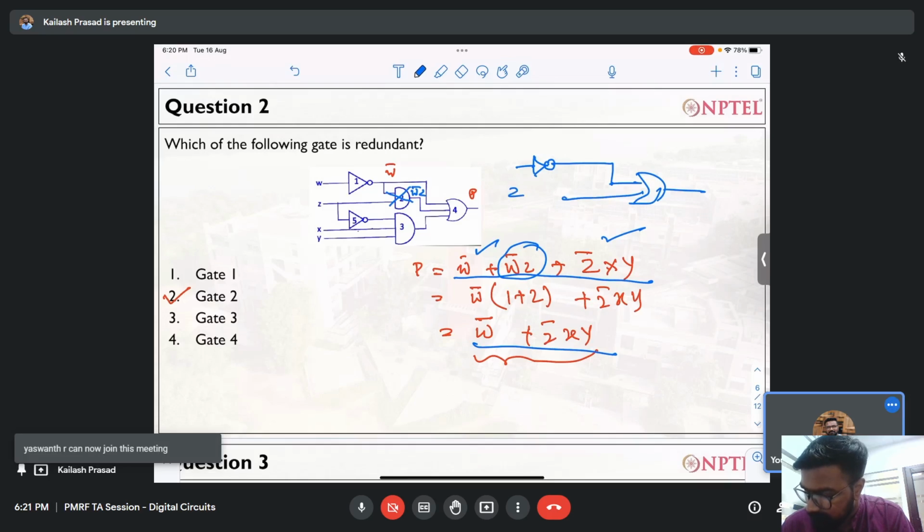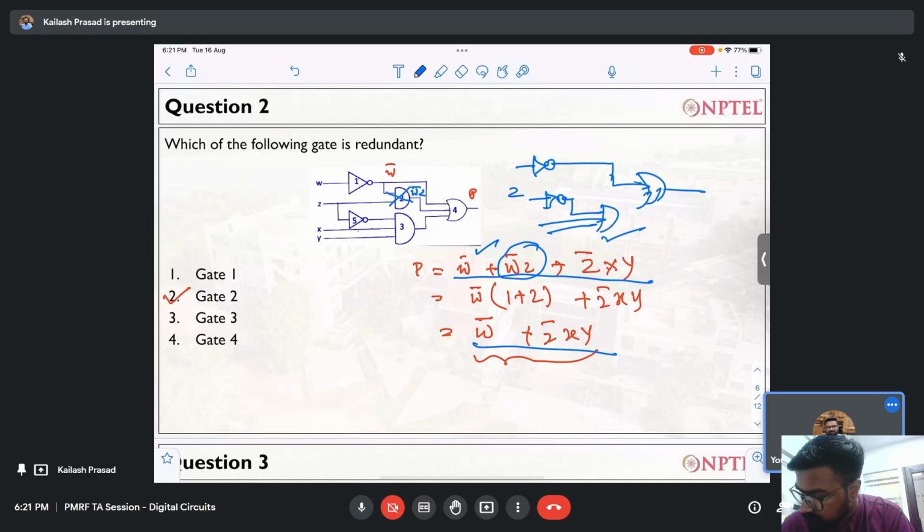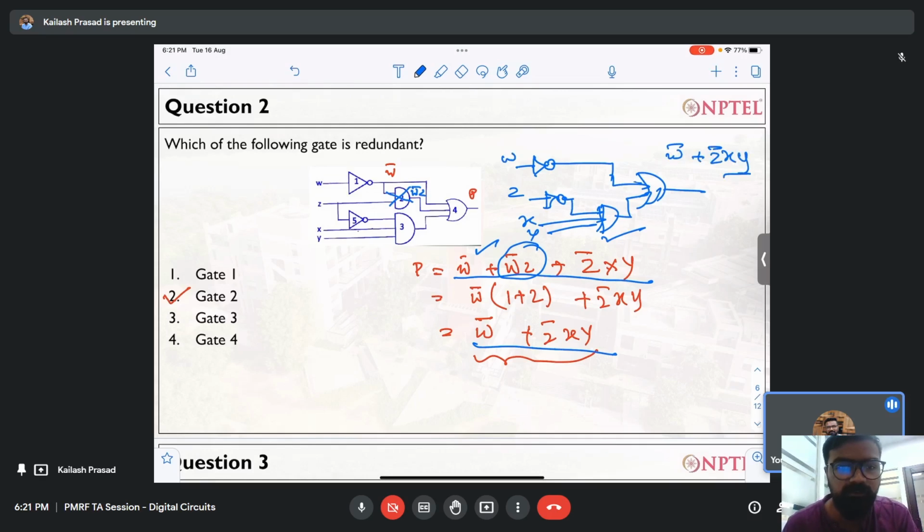So this is my Z, X, Y, and the output of the circuit will still remain W bar plus Z bar X Y. This is what we call a redundant gate. Redundant is a term which means if you remove that particular gate, it doesn't matter, the circuit will still work correctly.